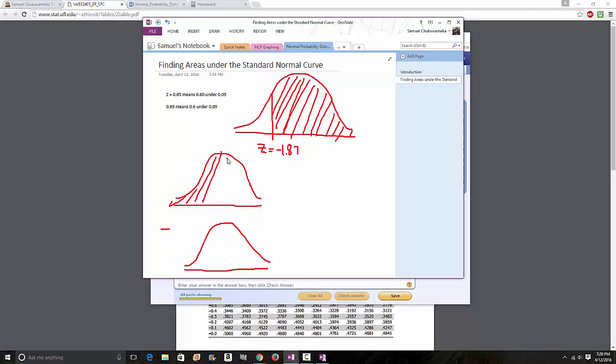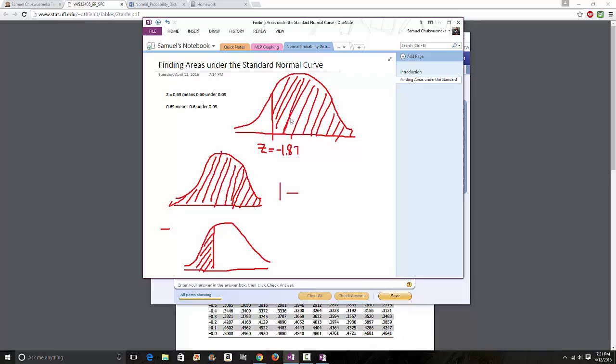I want to find this area to the right, but I don't have the table for the area to the right. But I know that this whole area is 1. Then this is the one they gave me, the area to the left. So if you take this whole area, which is 1, minus this area they gave you, that will give you this area.